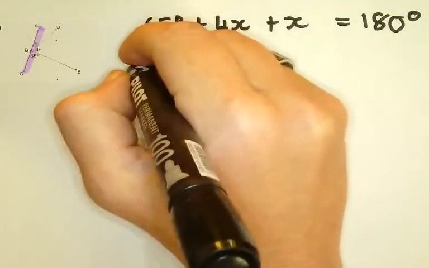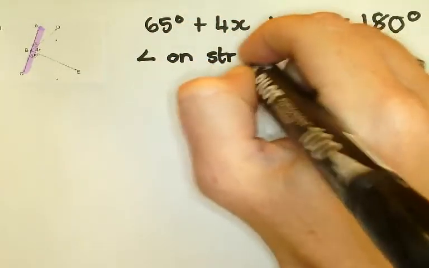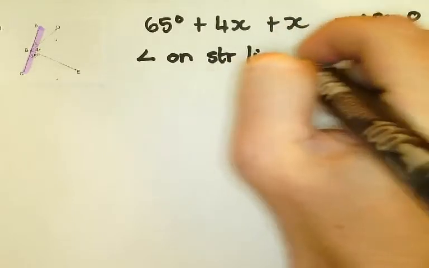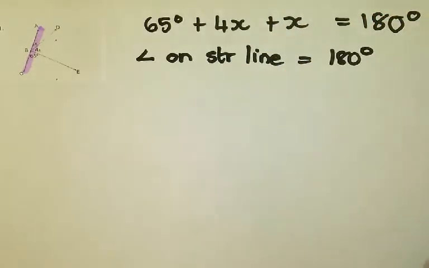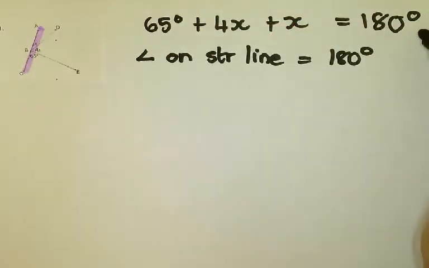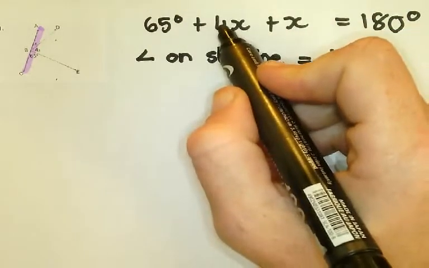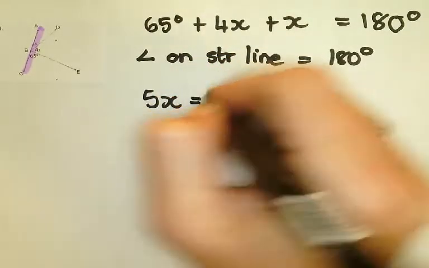We're going to say angles on a straight line equals 180. Alright, now we are going to simply do some maths. Okay, so 4 plus 1 gives me 5x.